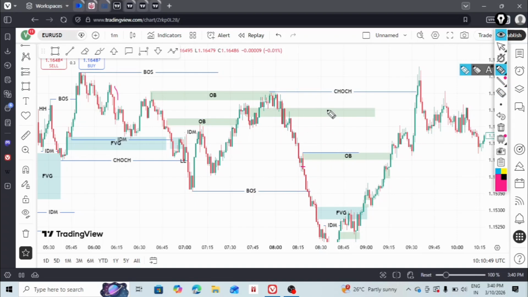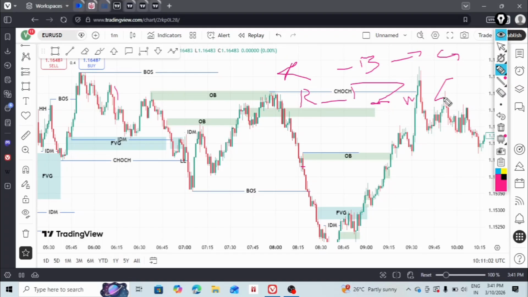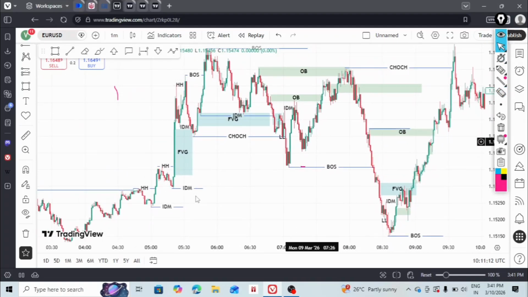So if the market is respecting the bearish gap, then the market wants to go down. If the market is respecting the bullish gap, then the market wants to go up. It is indicating that it wants to go up. So this is just about the technical and the practical trend.